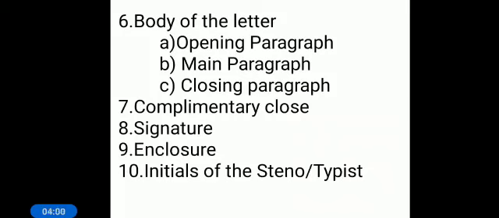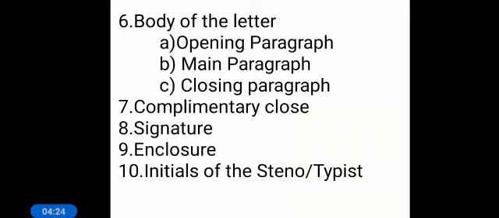Okay, next one is body of the letter. So most important part of the letter. Okay, and it can be classified into three parts. Again, three parts: opening paragraph, main paragraph, and closing paragraph. So opening paragraph contains an introduction to the message.